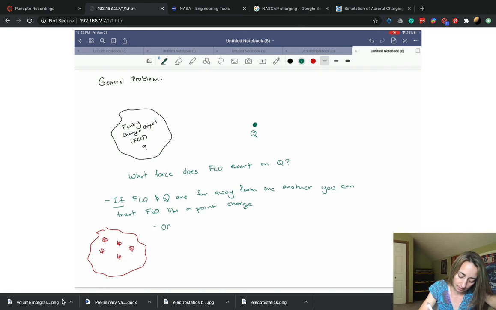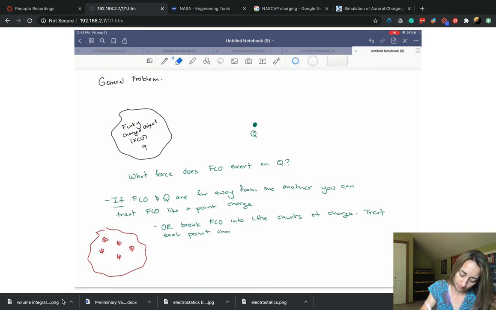I can break my funky charge object into little chunks of charge, and then treat each chunk of charge like a point charge.